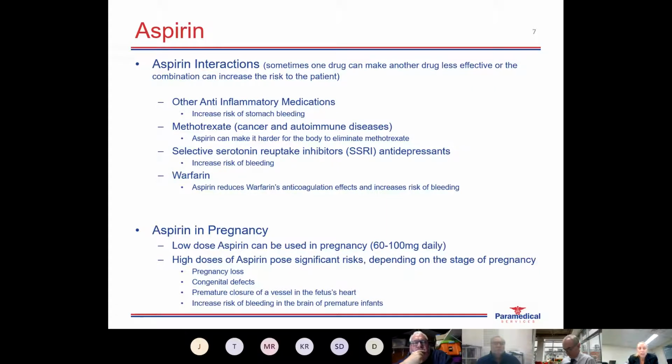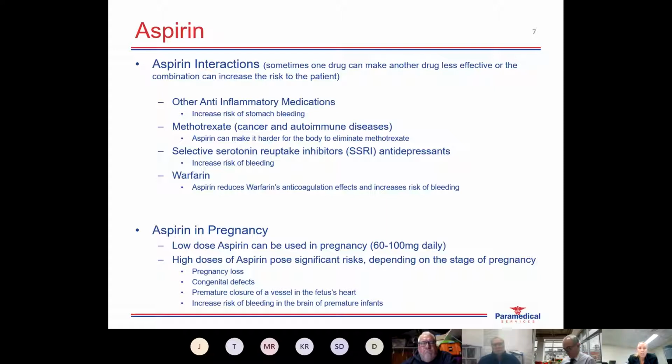It's a cancer and autoimmune disease drug, and aspirin can actually make it harder for the body to eliminate the drug that they're on for their cancer treatment. And if the body's not eliminating the drug, then what will happen is toxic levels will build up in the system. So it is quite important that we consider and ask what the patient is taking when we're looking at giving aspirin.